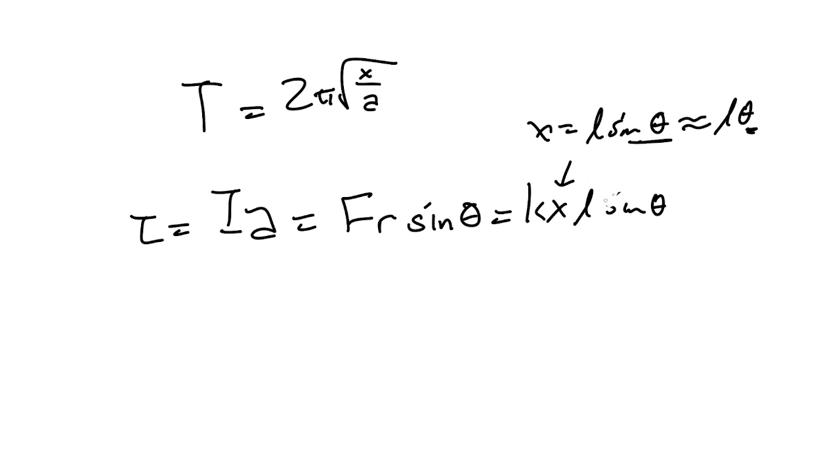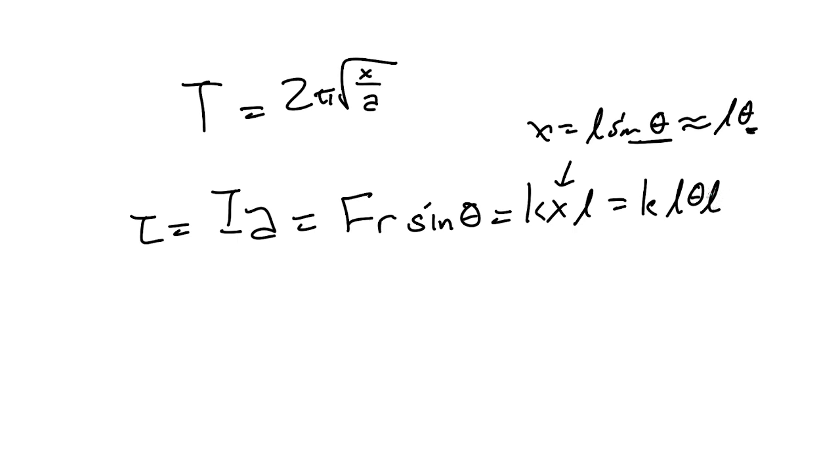Sorry, we have to erase this. I said it in the wrong portion. Sine theta mattered here. And so what we can say is, since this is F sine theta, that gives us kL theta times L, right?